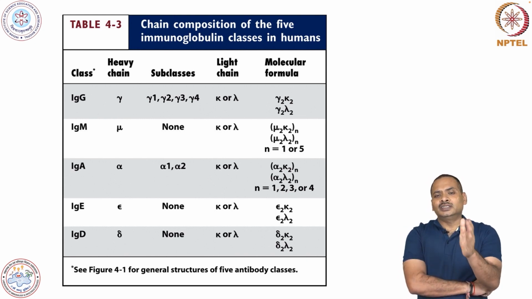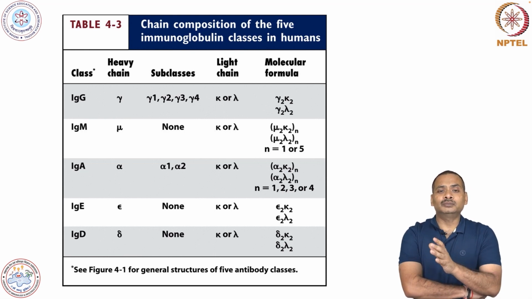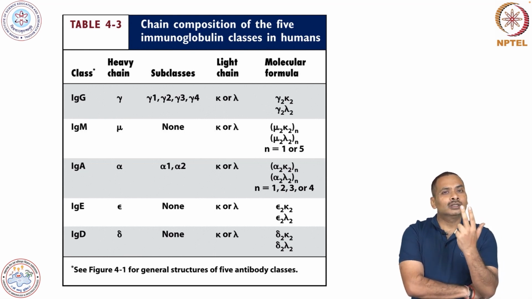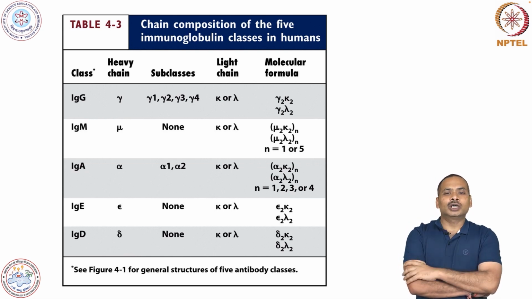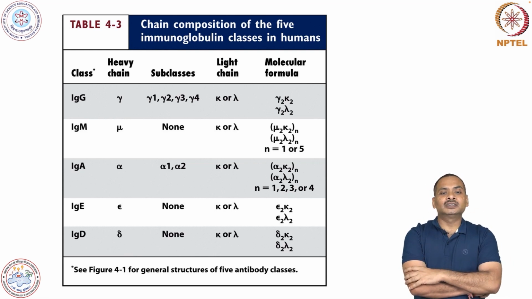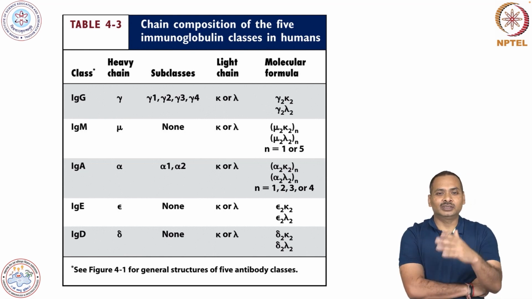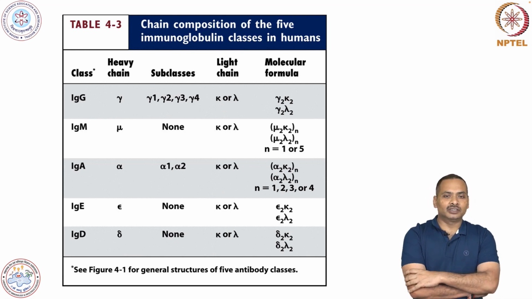Gamma 2 kappa 2 means the heavy chain is 2 gamma heavy chains and 2 kappa chains. That is one possibility. Another possibility is 2 gamma chains along with 2 lambda chains. So this is a kind of molecular formula.